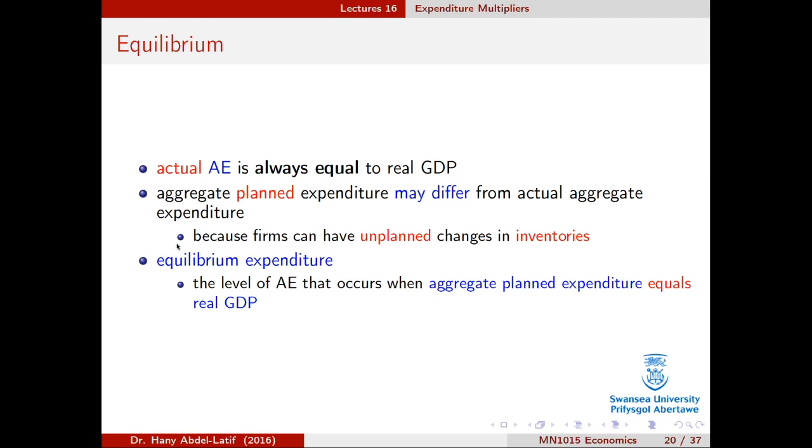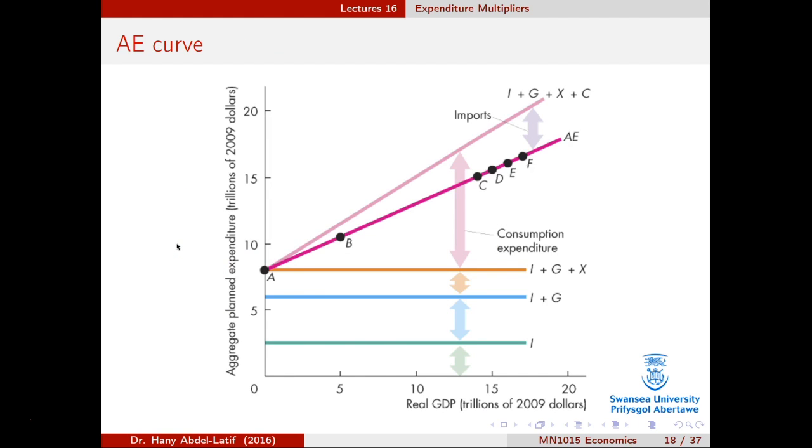Then we saw how we could represent the aggregate expenditure in this curve. Let me just go back to that one. How did we come to that point?